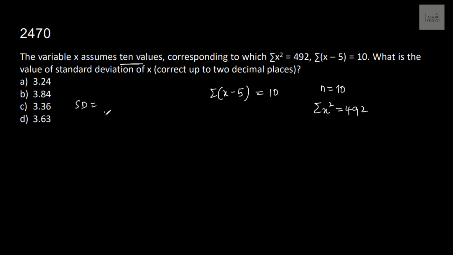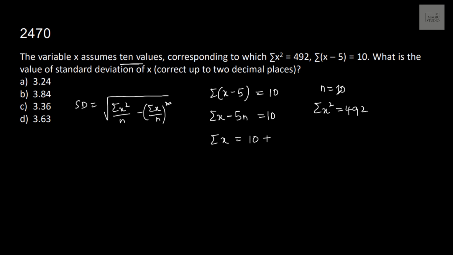Standard deviation is root over summation x square by n minus summation x by n whole square. We need summation x. Summation of x minus 5 means summation of x minus 5 into n is equal to 10. Summation of x is 10 plus 5n, n is 10, that is 50, that is 60. That means summation x is 60.